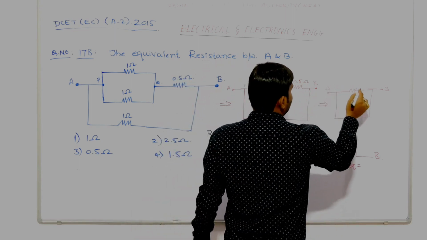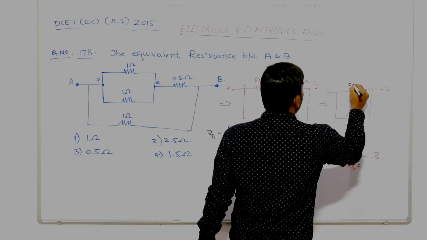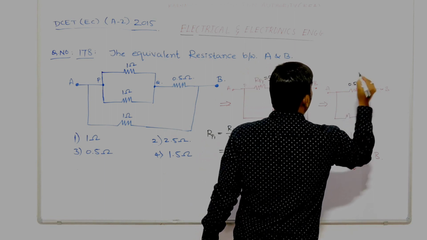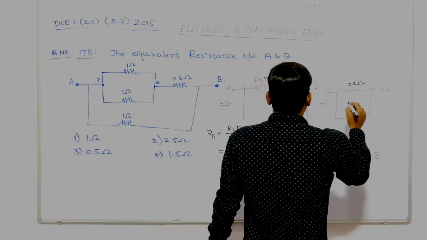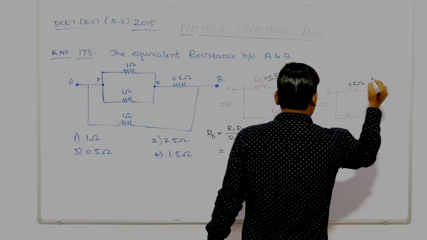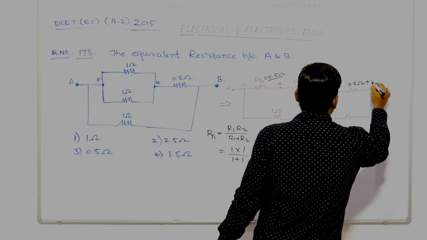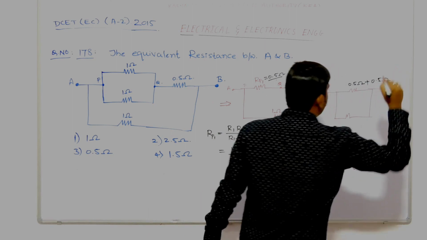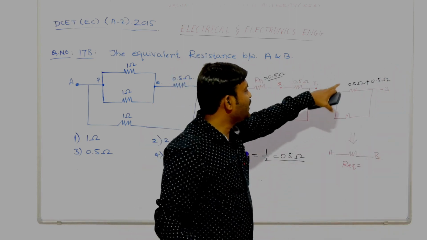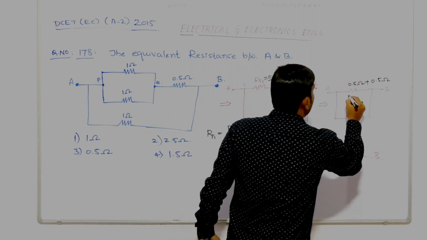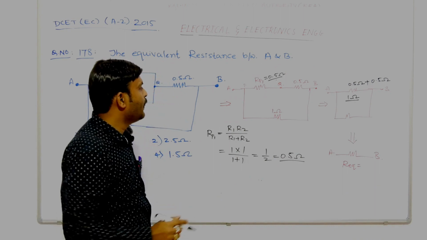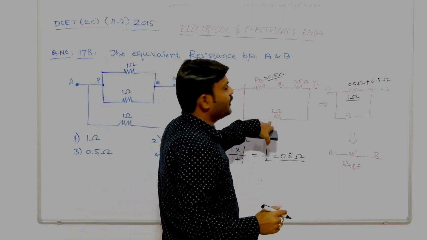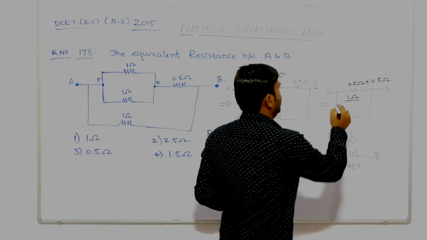So how much resistance we got? 0.5 plus 0.5, how much we got? 1 ohm. But another 1 ohm is connected in parallel.